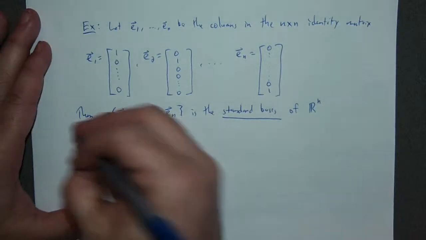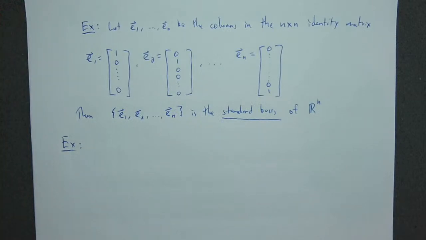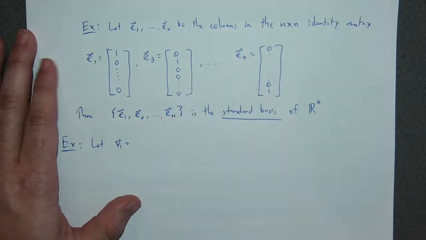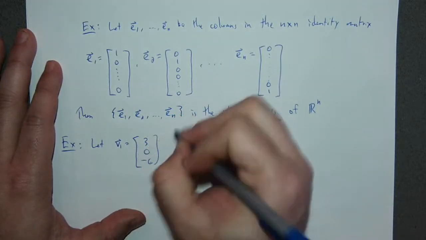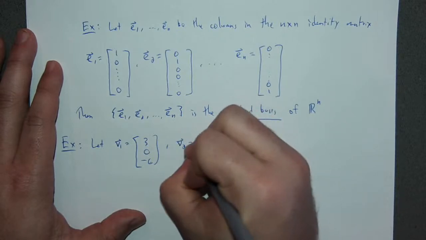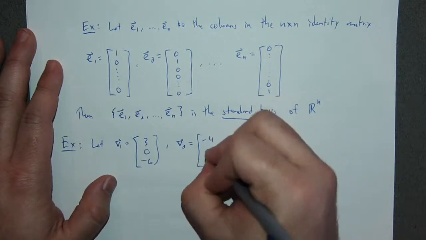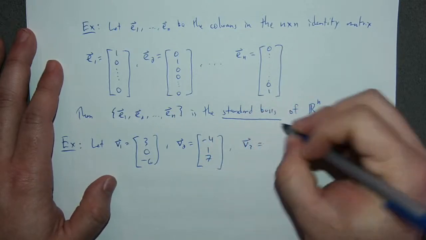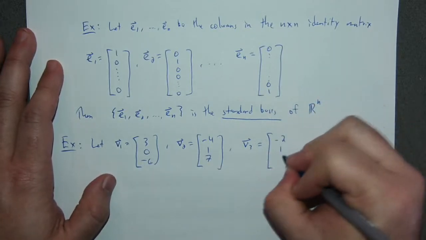And how might I do that practically? All right, let v1 be the vector 3, 0, minus 6. Let v2 be the vector minus 4, 1, 7. And let v3 be the vector minus 2, 1, 5.